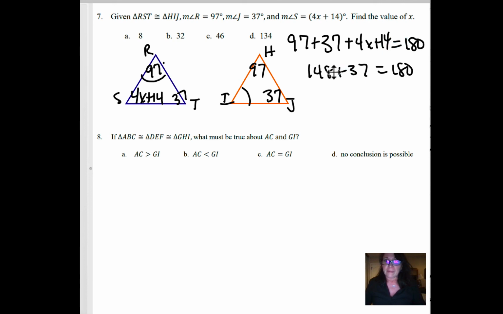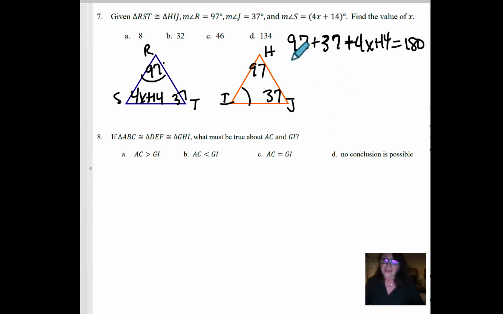Where's my x? I just lost my x. Hold on. Let me go back. We had 97 plus 37, so that goes here, plus 4x plus 14. All right, let me do that again.